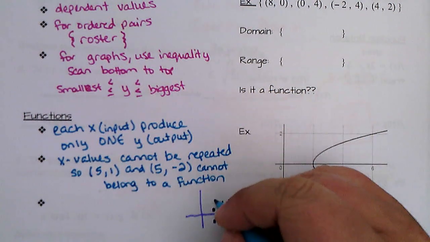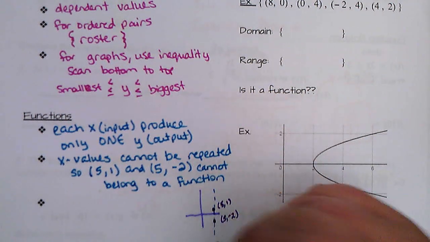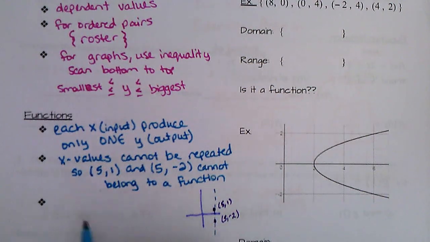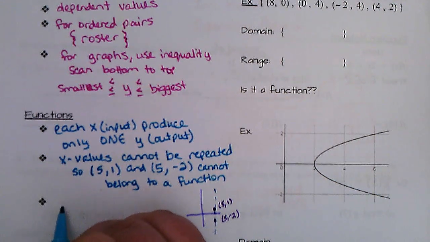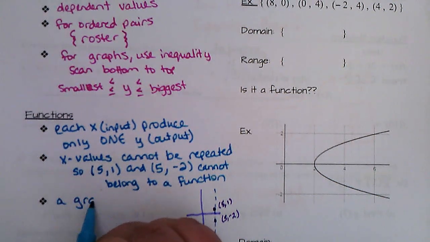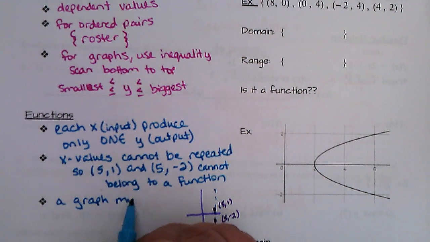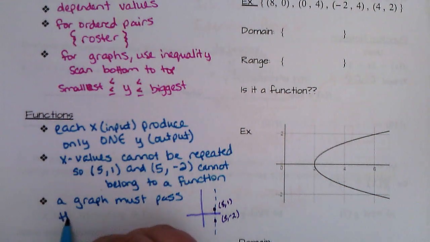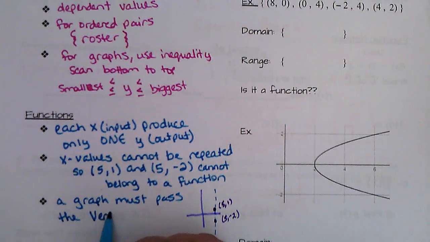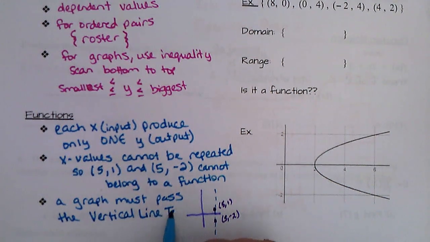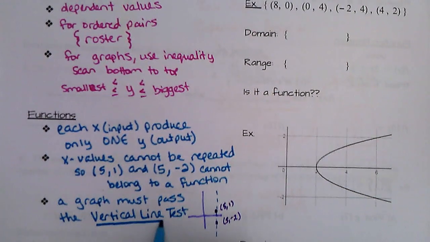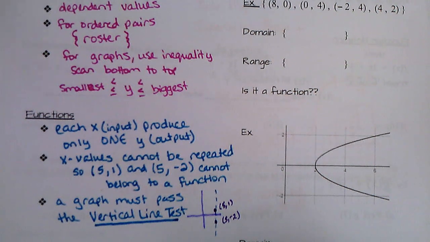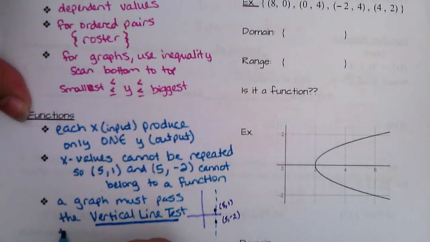They end up right along a vertical line. So a shortcut, if you have a graph, a graph must pass the vertical line test. Okay, the vertical line test. Sometimes we just call that the VLT, must pass that to be a function.